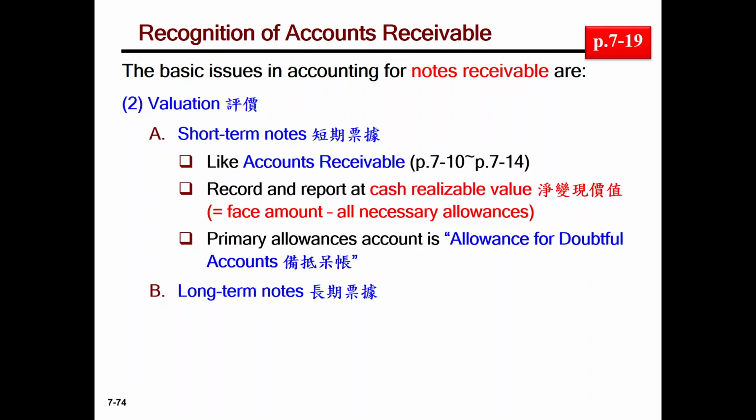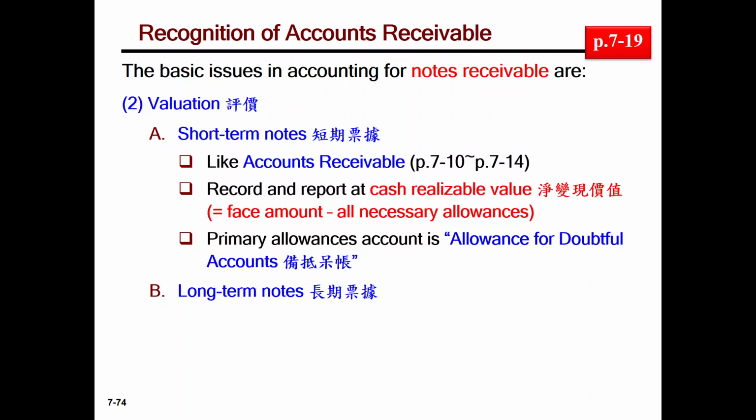So for valuation, at the end of each period, when we are going to prepare financial statements, remember, short term, long term. For accounting, short term, we will ignore time value of money. Since we ignore time value of money, we use a simple method to achieve our purpose.